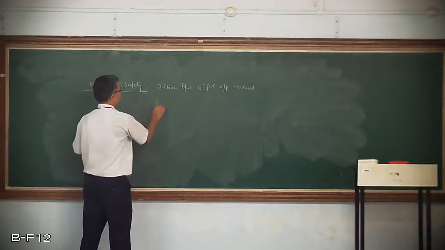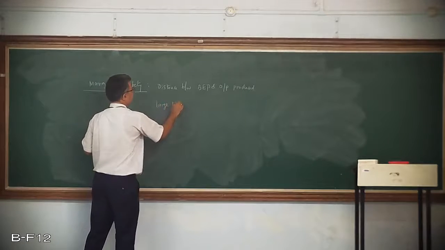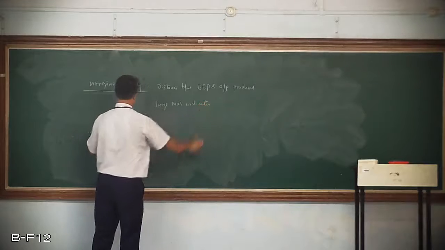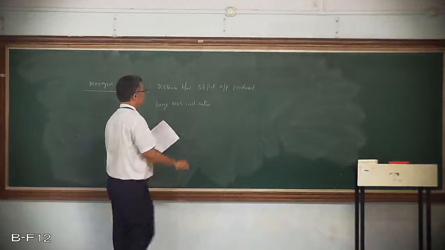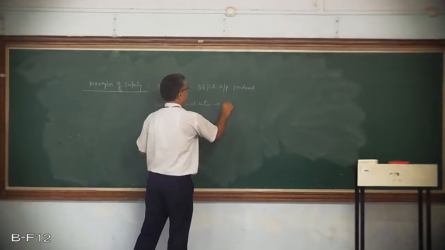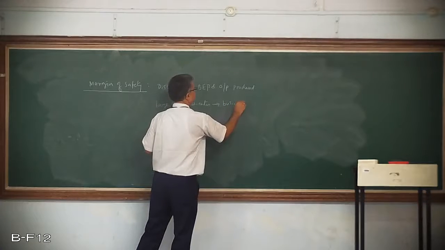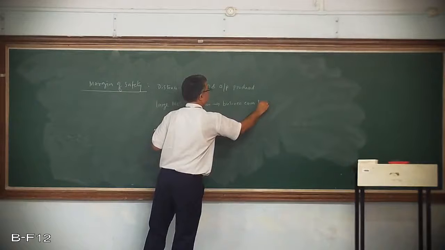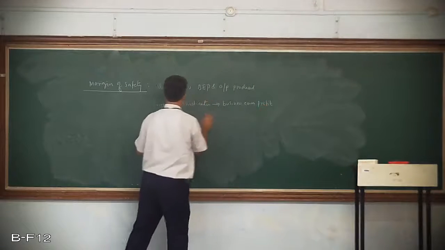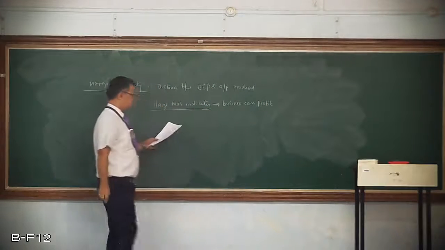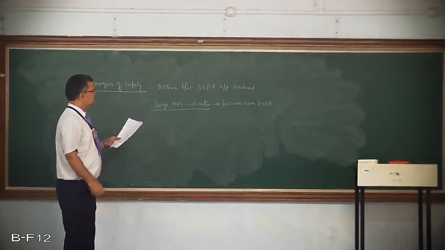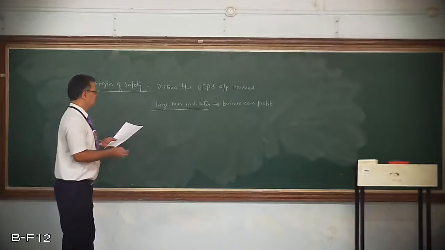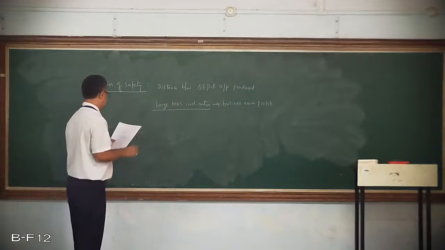So a large MOS indicates the business can earn profit, so we need to have a large margin of safety. Vice versa, a reduction in MOS indicates that it's under loss, or there is a lesser profit.